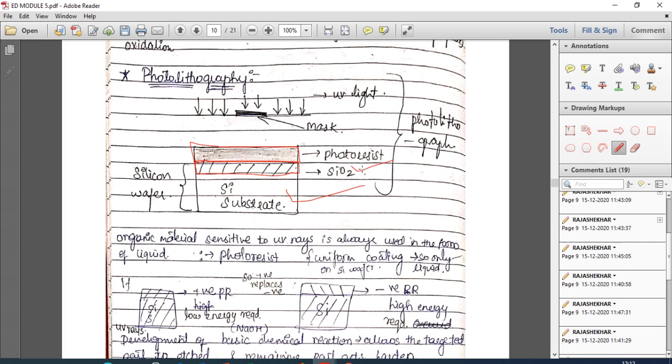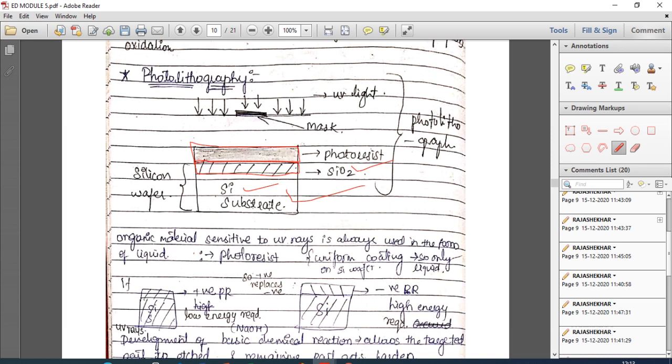Now, what is the difference between positive and negative photoresist? In the positive photoresist, the polarity pattern of the photoresist and the silicon which is used are the same. Therefore, it requires a very small amount of energy for the process.